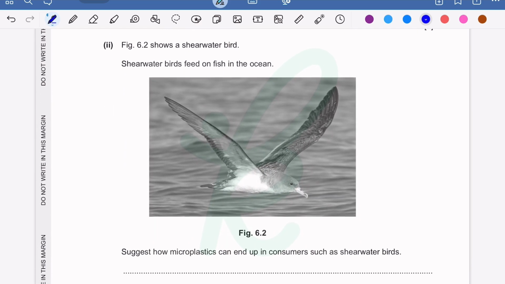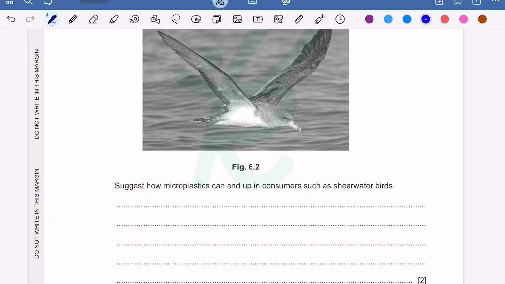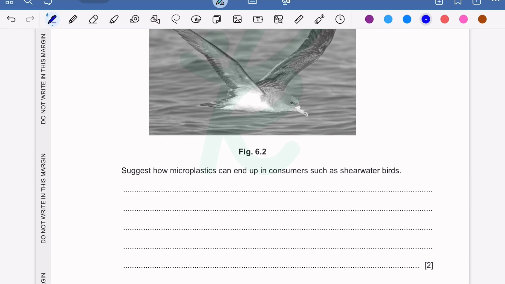Next, figure 6.2 shows a shearwater bird. Shearwater bird feeds on fish in the ocean. Suggest how microplastic can end up in the consumer such as shearwater birds.